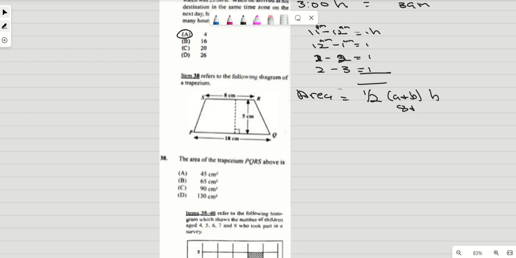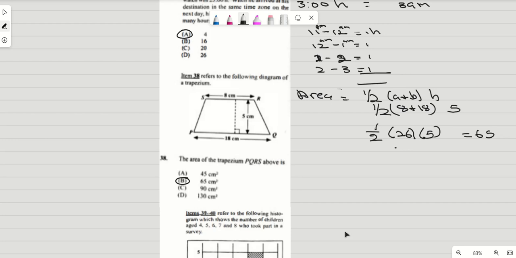That is 8 plus 18, a half of that, times your height, which is 5. That's a half of 26 times 5. A half of 26 is 13, and 13 times 5 is 65. So your answer here is B, which equals 65.